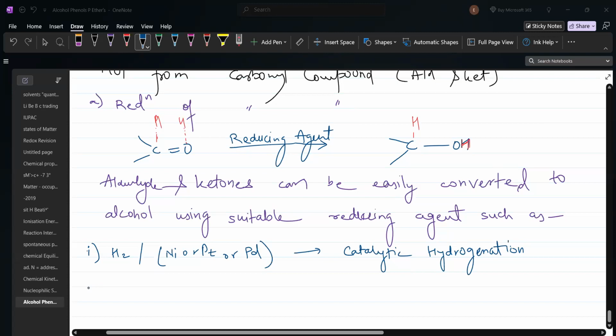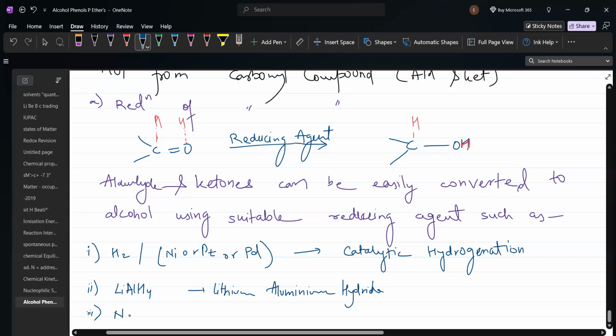Then we have lithium aluminum hydride, LiAlH4. Next, please note it down with me, NaBH4, sodium borohydride. You have to learn the reagents by heart.